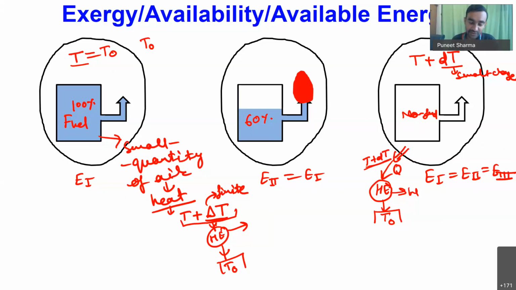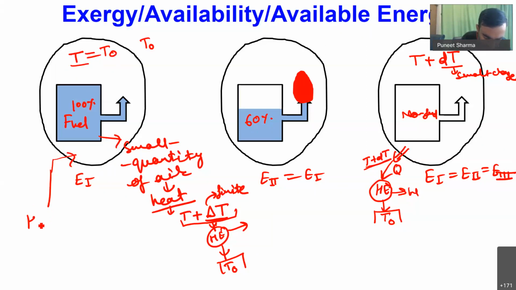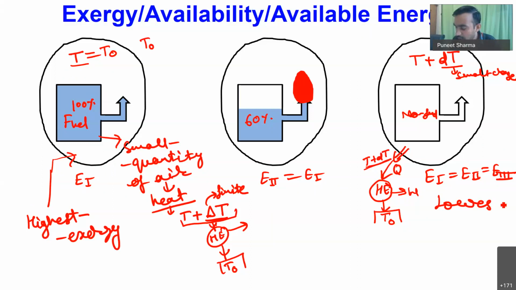That's why we concluded that the first situation has the highest exergy. This particular situation I have shown has the highest value of exergy, and in the last case we have the lowest exergy of these three.